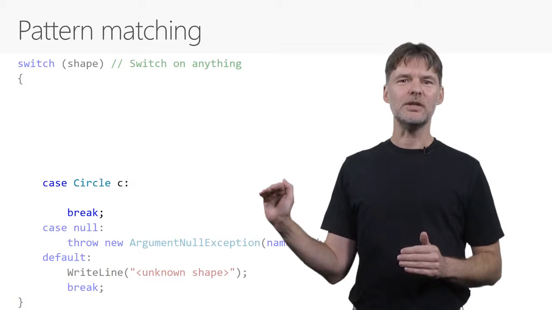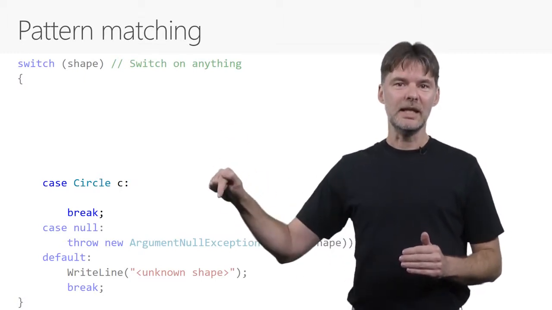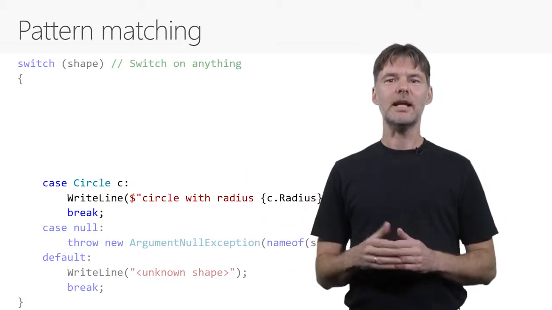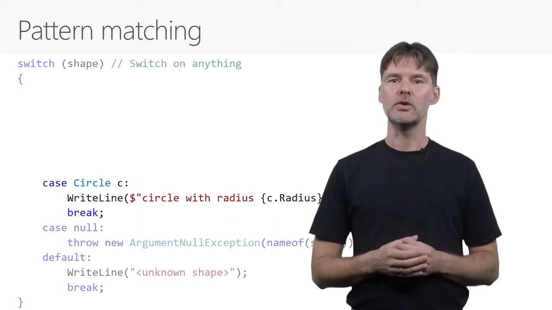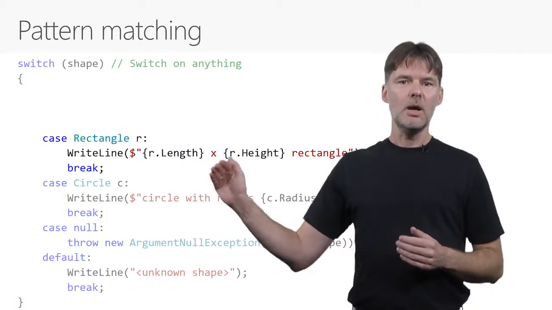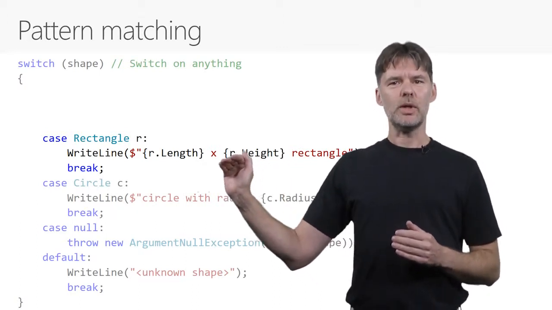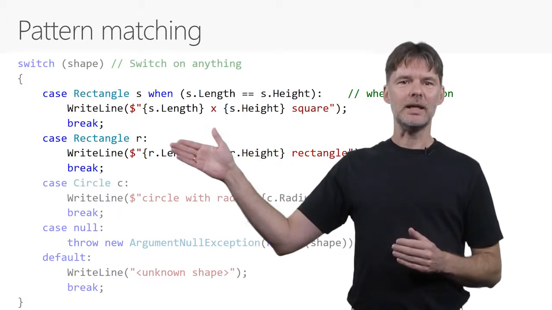Here, we are now checking to see if the incoming shape is a circle, and if it is, we can call it c, and we can use it as a circle in the body of the case, getting at the circle-specific radius property, for instance. Now, we can do the same with rectangles, but we want to also add a special case for squares, which don't have their own type in this example, but are simply rectangles with equal sides.